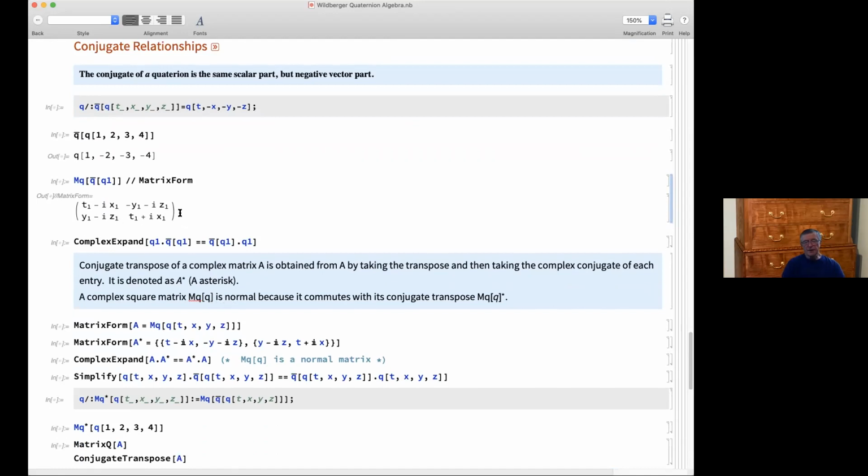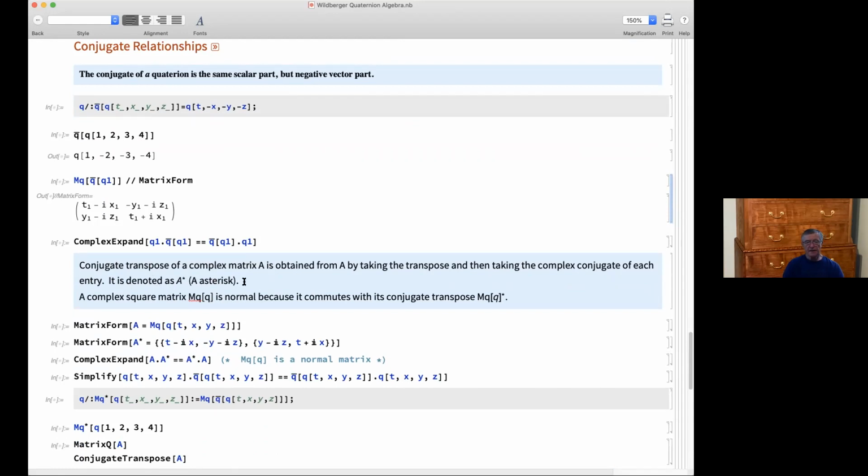Given this matrix representation, you can look at the conjugate transpose of a complex matrix, which we have here. And that's obtained by taking the transpose of the matrix and then taking the complex conjugate of each entry. So I define that conjugate transpose as A asterisk.